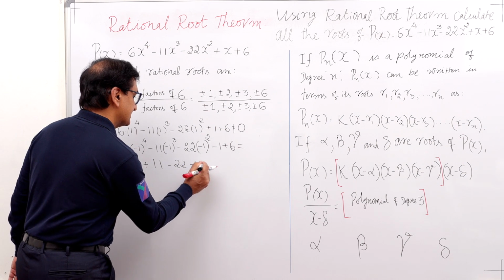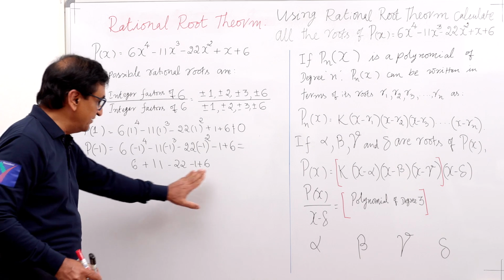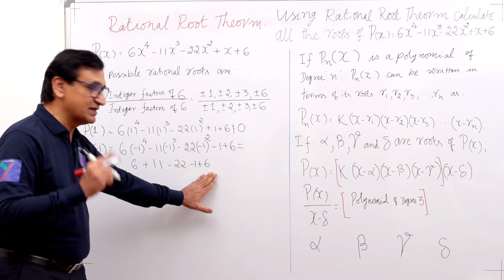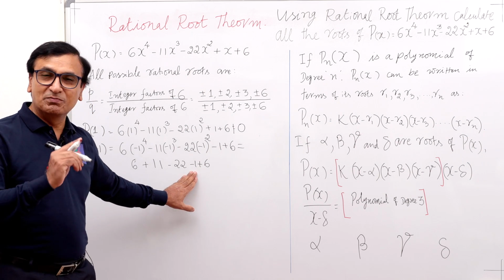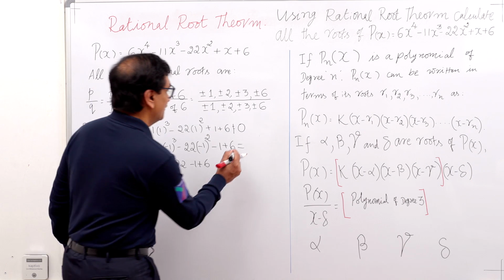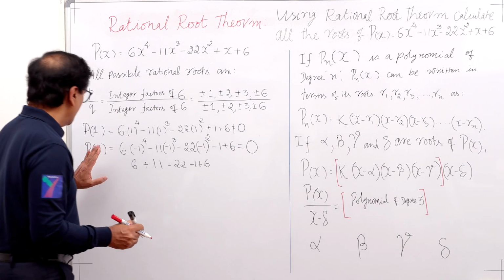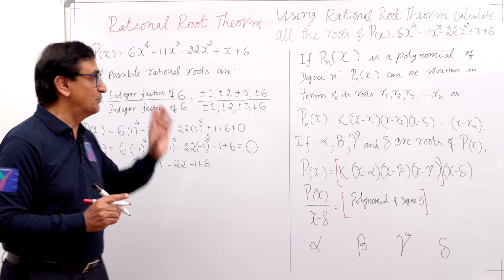Minus 1 plus 6. So this is 6 plus 11, 17. 17 plus 6, 23. That is 23 in plus. And minus 22 minus 1, minus 23. So 23 minus 23 equals 0. So we are in luck. Therefore, p of minus 1 is 0. Therefore, minus 1 is a root of this polynomial.